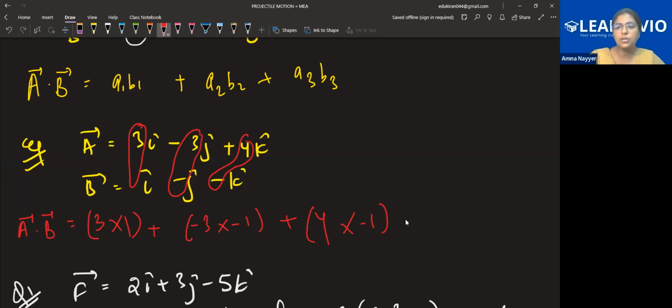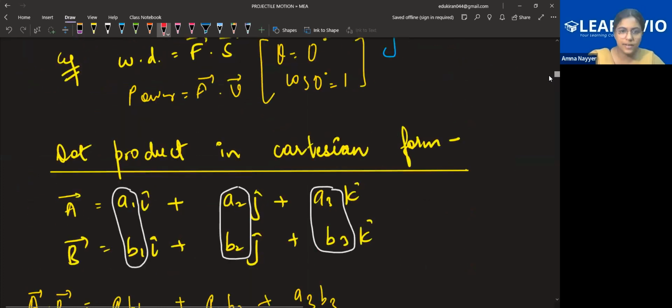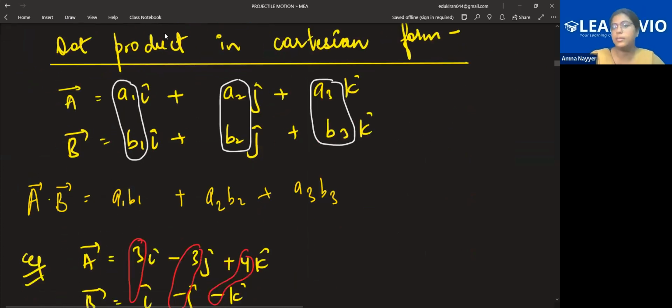So you have your answer: this is 3, this becomes 3, this becomes minus 4. So you have 6 minus 4, which is 2. That's your answer. This is how you have to solve the questions of dot product. Multiply the like coefficients together. This question I'll discuss. First, write down this. And any doubts if you have, please get them clarified.